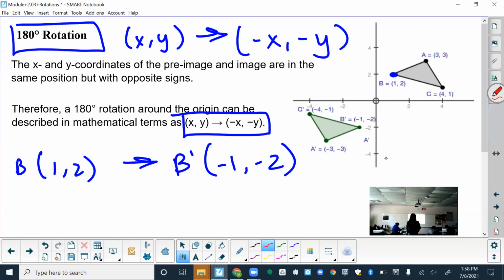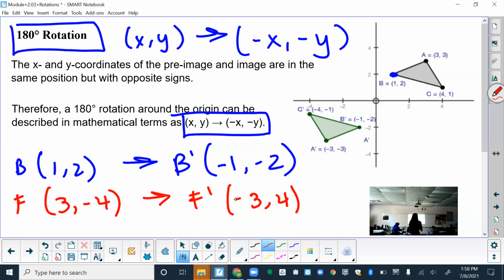Let's do one that isn't on this picture. Let's say I have F 3, -4. What would be my coordinate according to this rule? All right, good. So the signs become exactly the opposite.